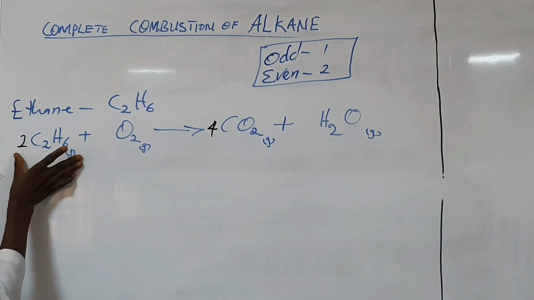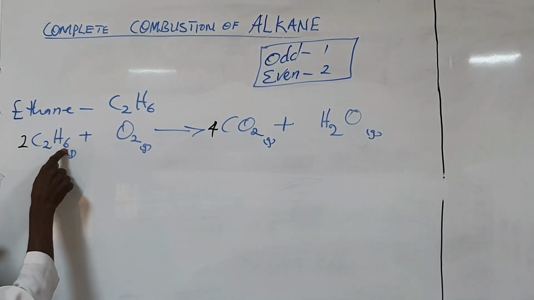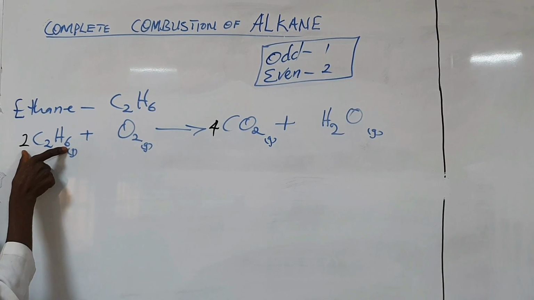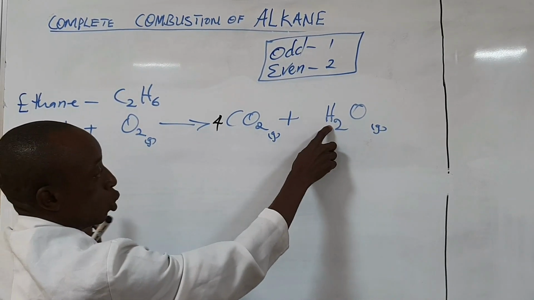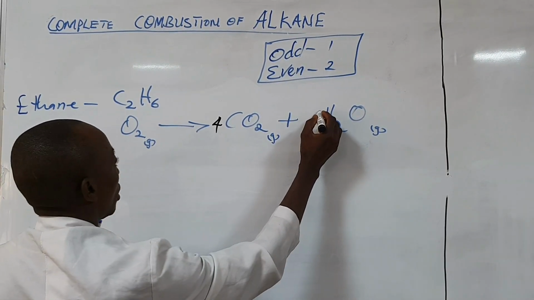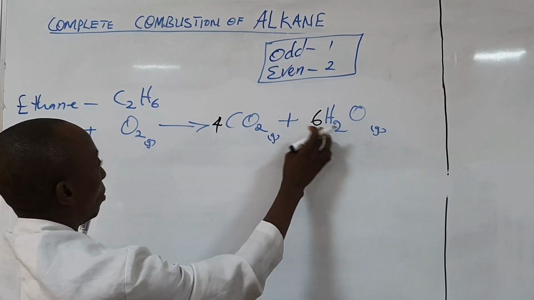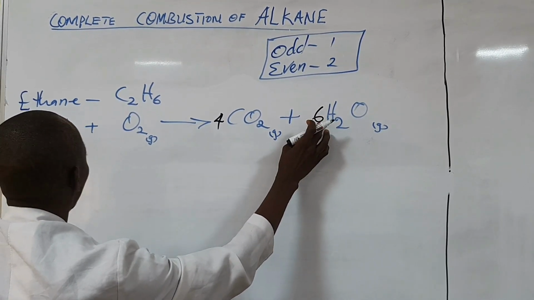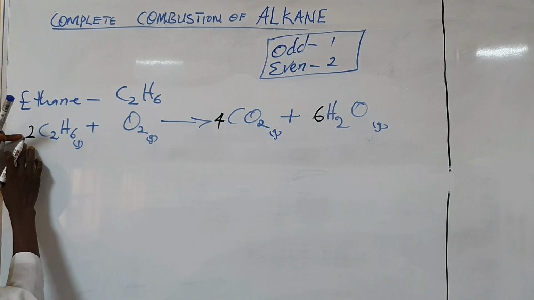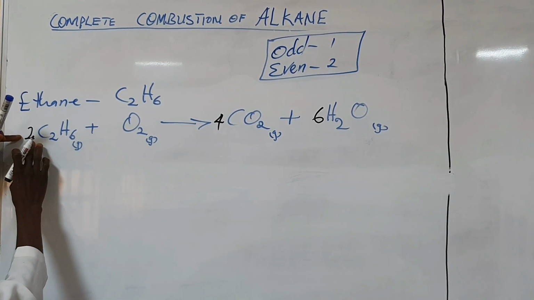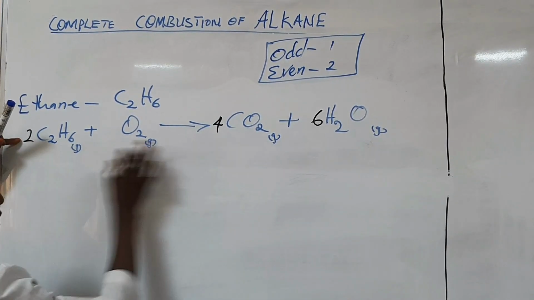Now, from here, you have 2 times 6, 12 atoms of hydrogen, and there are only 2 here. Make it 6, this 2 times 6 times 2, 12. So, carbon and hydrogen are settled.